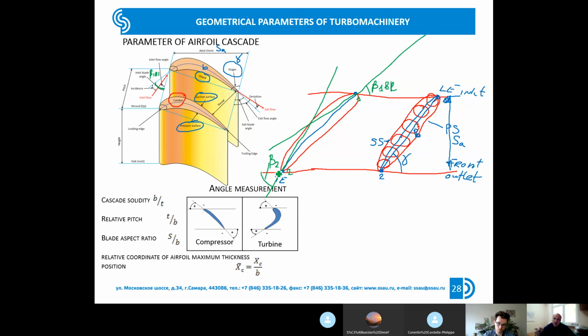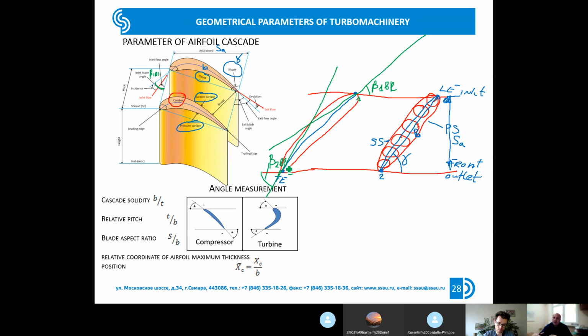Section number 2 shows that we speak about the section at the outlet of the rotor wheel, and the index blade shows that we speak about the construction angle. In other words, it's the metal angle, the angle of the construction.